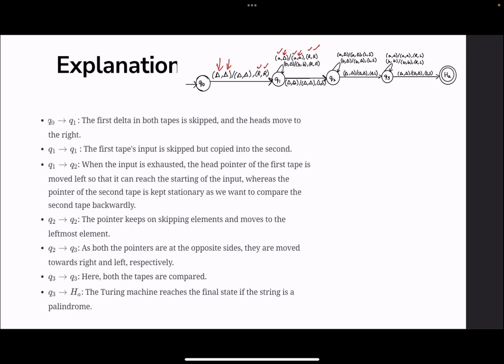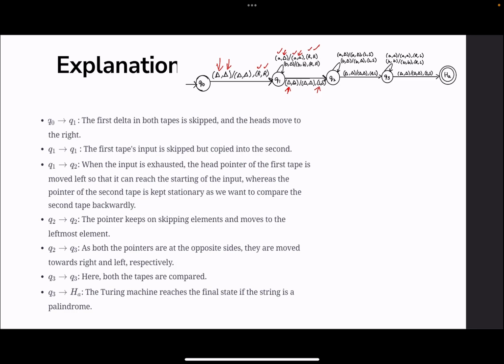As you can see, once we've reached the end, we'll be getting a blank. And once we reach the blank, we perform a left operation on the first tape, and the head for the second tape is going to be stationary. And from Q2 to Q3, we keep moving the head of the first tape to the left while keeping the second head stationary.